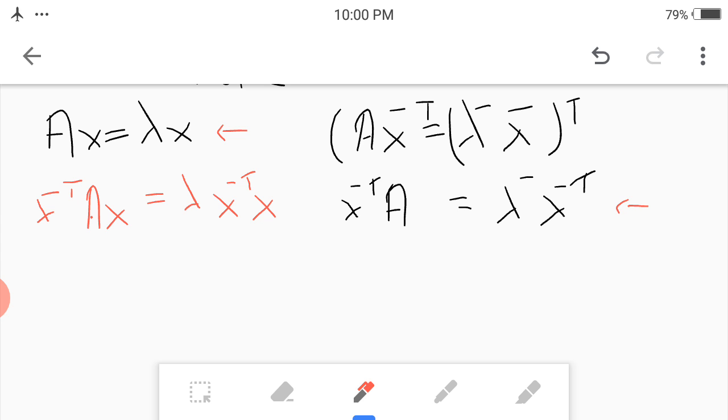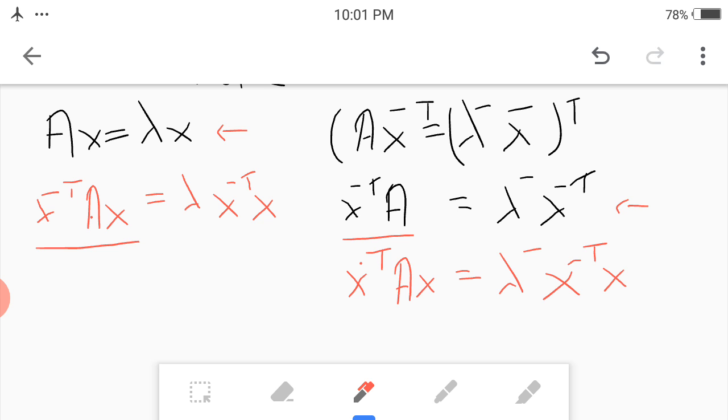Now, to make the left hand side of the second equation the same as the left hand side of the first equation, we will multiply by x on the right side. x bar transpose A x will give you lambda bar x bar transpose x. So you can observe that for both equations the left hand side is the same.